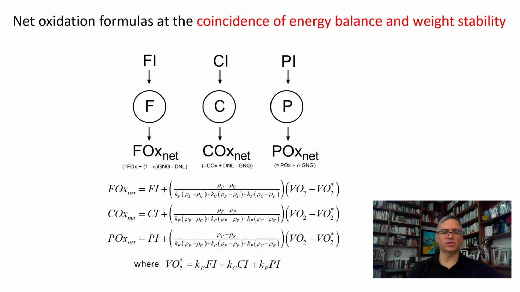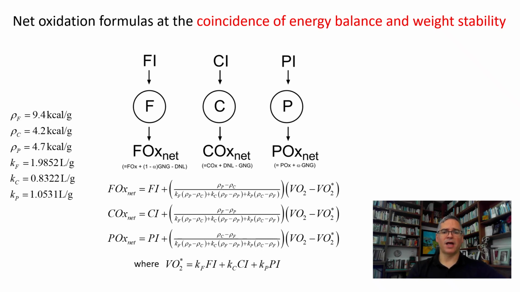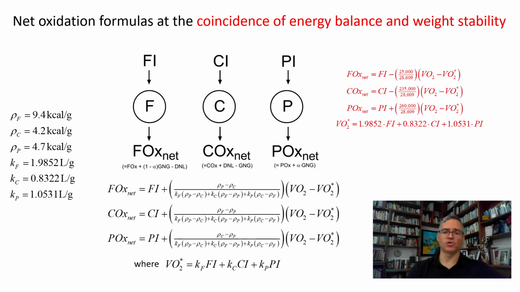To use these expressions for computation, we can apply the following values to the constants in the equations, which results in the next set of ready-to-use formulas. In the next 3 slides, these formulas are applied to a hypothetical weight-stable subject under the 3 possible types of energy balance.